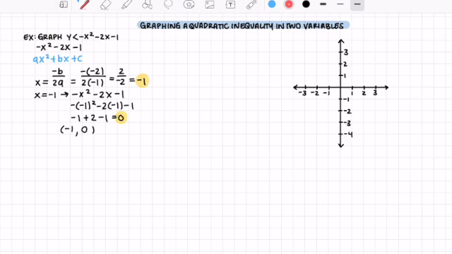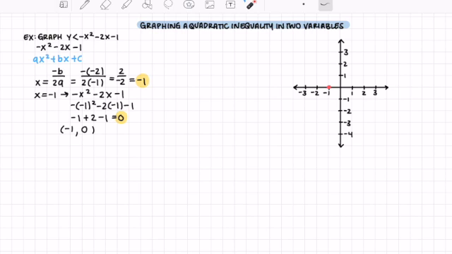So that will be the first point I plot onto my graph here on the right. So I'll plot negative 1 going to the left, to 0. Afterwards, I still need to find a few points on the left side of the graph and a few points on the right side of the graph.